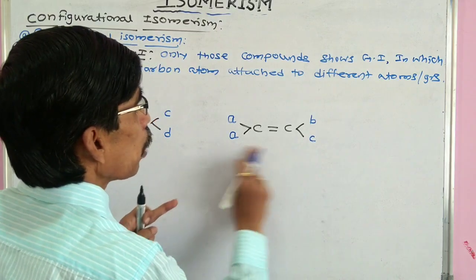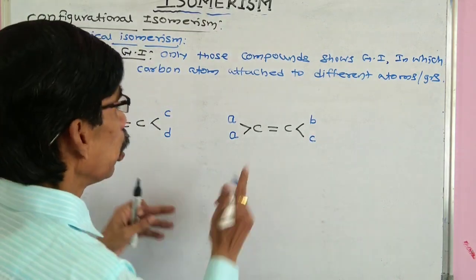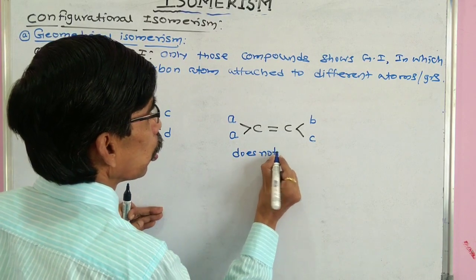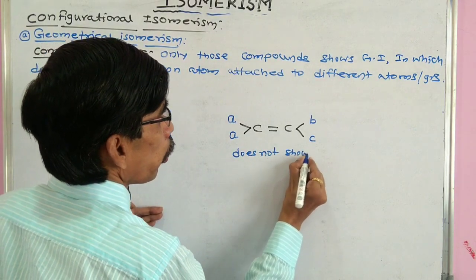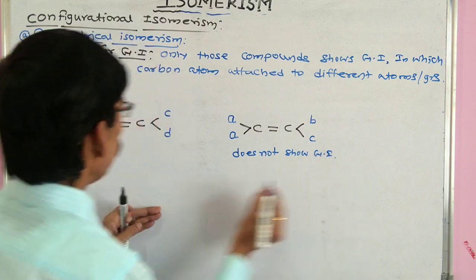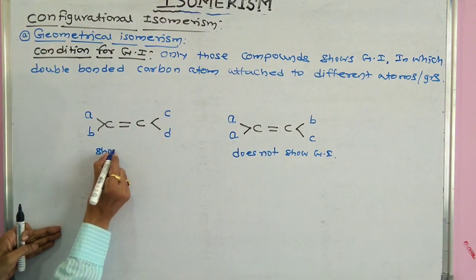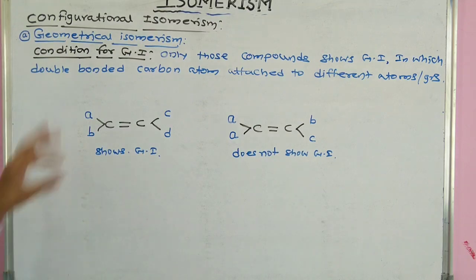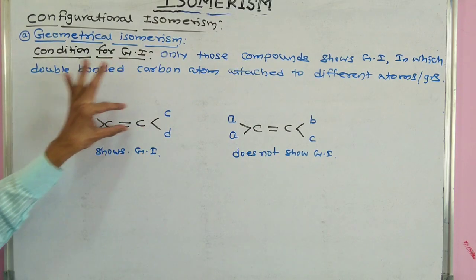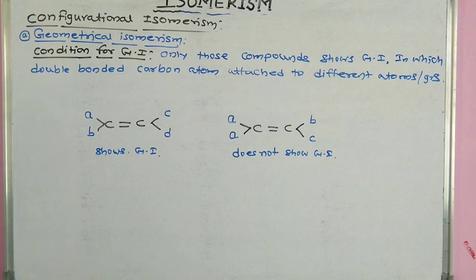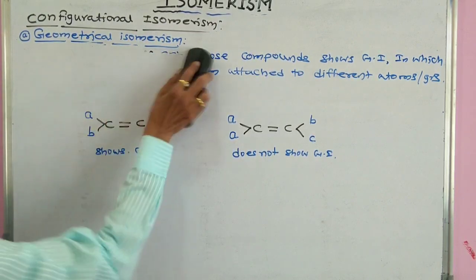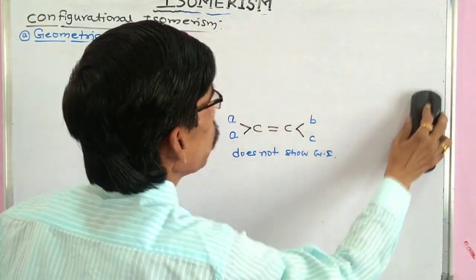Therefore, this compound does not show geometrical isomerism, and this one shows geometrical isomerism. So the main condition is that the double bonded carbon atoms have different atoms or groups.